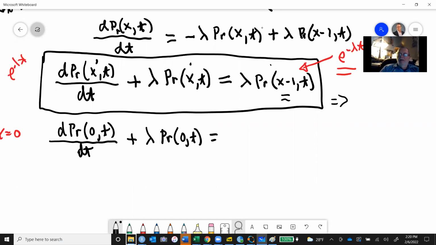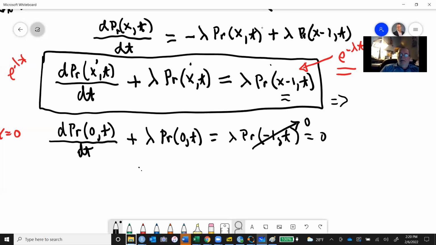Down here we have lambda probability of -1, x is 0, -1 in t. But this is impossible. Impossible in probability means 0. So our whole equation here just goes to 0, and we have this lovely thing.